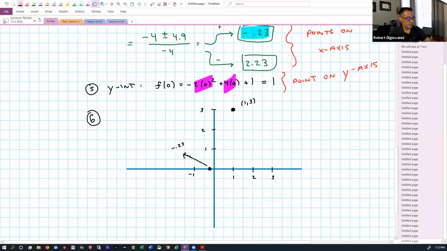And my other x-intercept is +2.23, which is going to be about right there. And where's my y-intercept? That's 1, right? Which is right there. Okay, there it is. Those are all the points that we need.